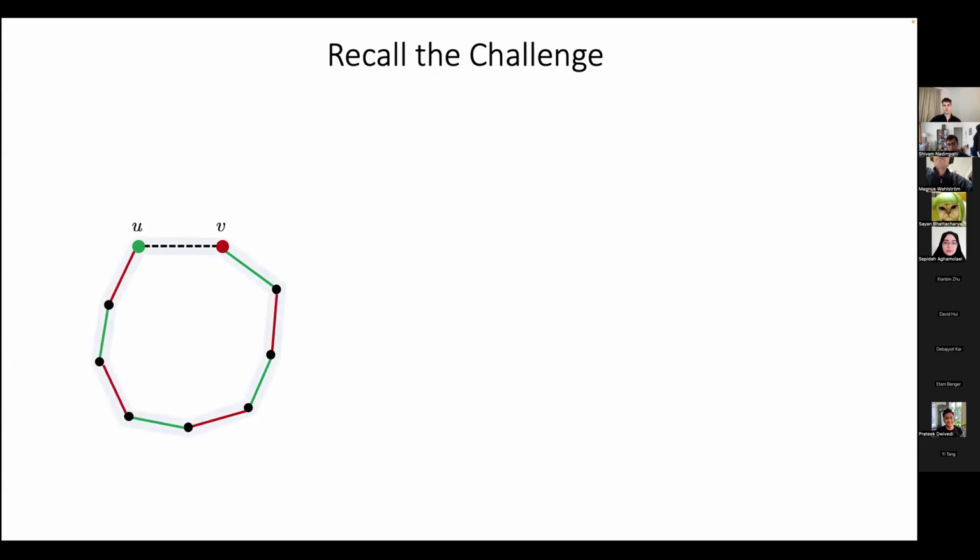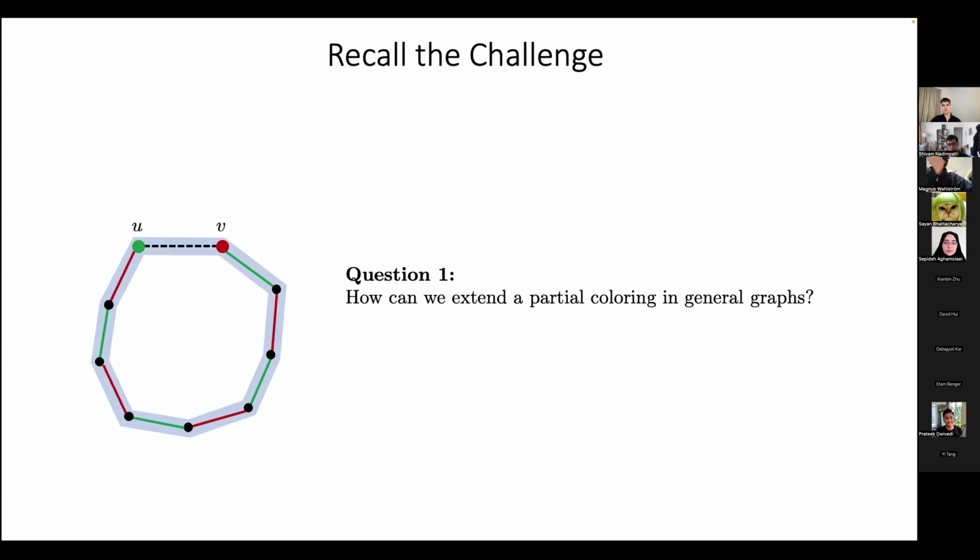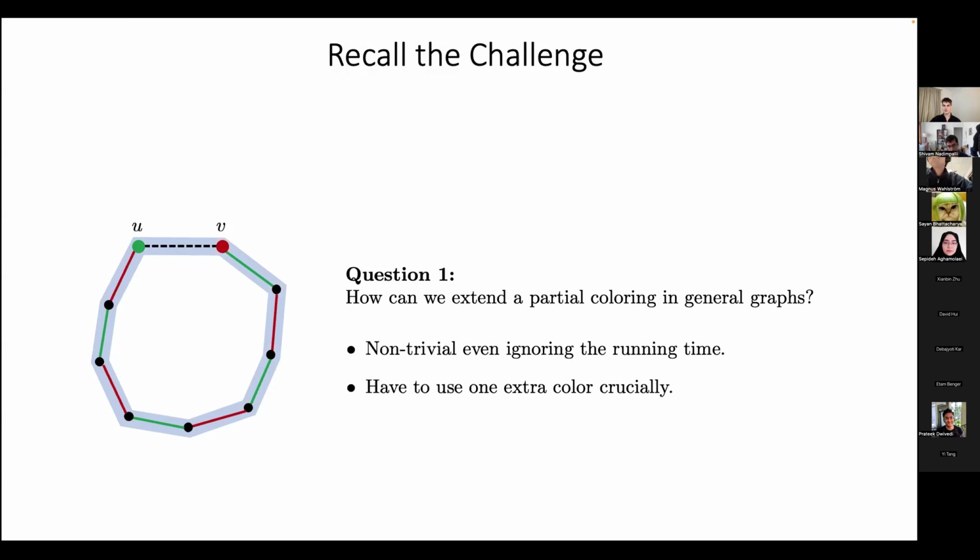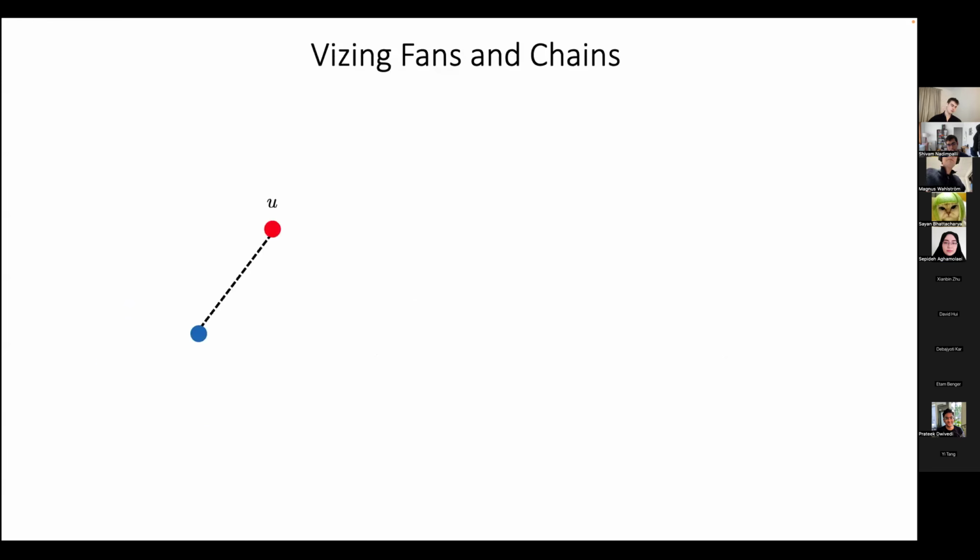So recall the challenge is these odd cycles forming in general graphs, right? In order to deal with these, Vizing introduced what is now referred to as a Vizing fan. I'm going to briefly go over the construction here. It's a little bit technical, but the details aren't too important. So suppose we have some uncolored edge, with what we'll refer to as the center of the fan, U, and this is missing red.